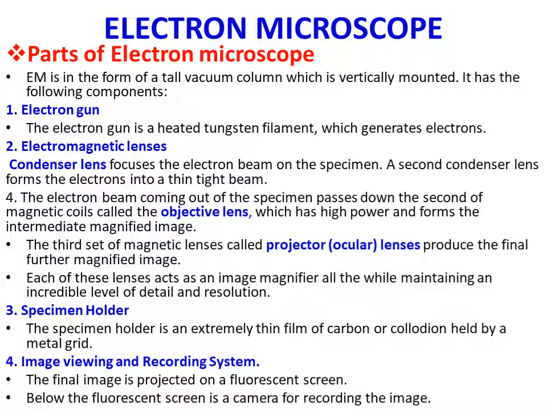Second part, electromagnetic lenses. The condenser lens focuses the electron beam on the specimen. There are two lenses: the primary condenser lens and the secondary condenser lens. The secondary condenser lens forms the electrons into a thin tight beam.